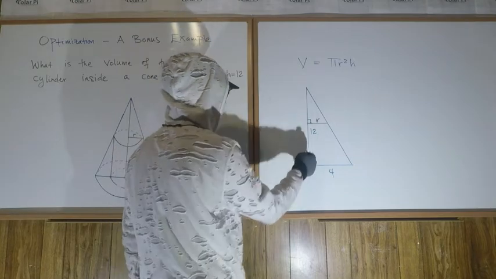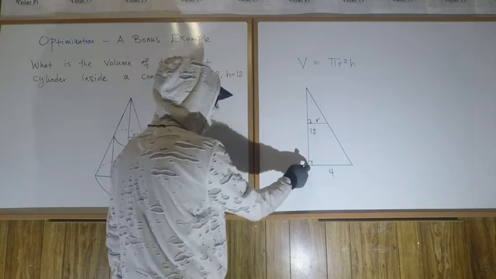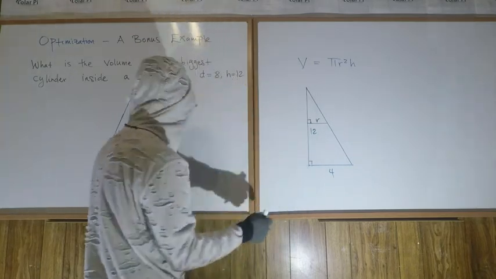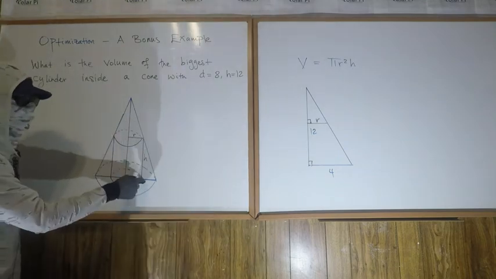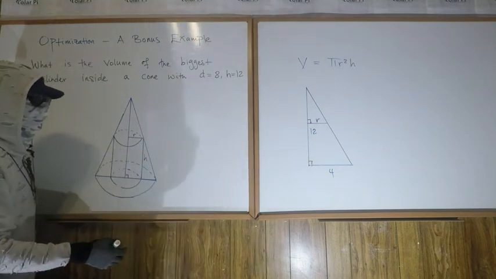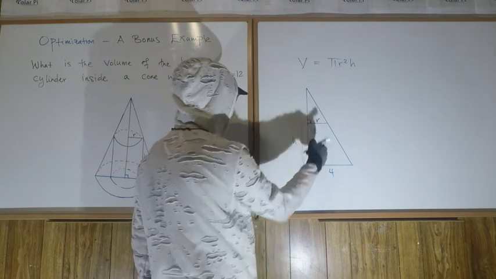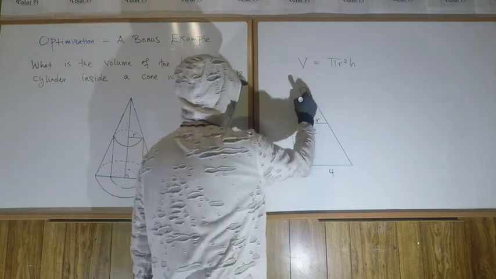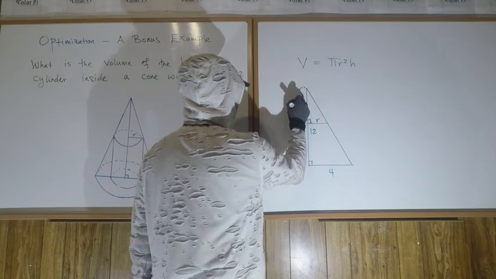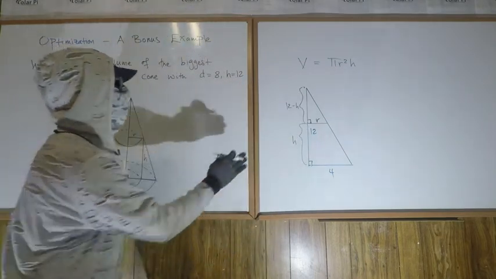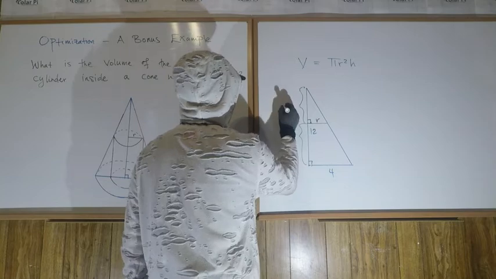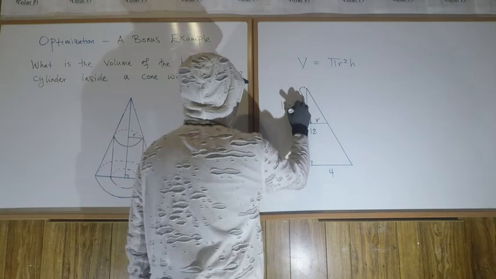From here to here is 12, and from here to here is h, where h is the height of the cylinder, so this bit is h, and we already know from here to here is 12, so this bit has got to be 12 minus h. Got it. I don't know if you could see that, let me write it: 12 minus h, right? Okay, got it.